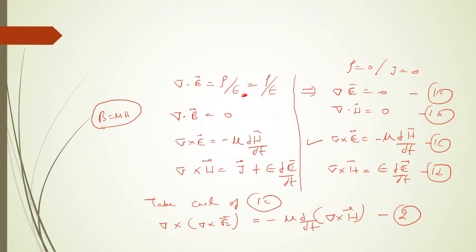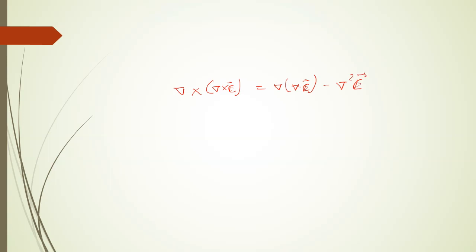Now apply a standard vector identity: del cross del cross E equals del of del dot E minus del square E. This is a proved result.